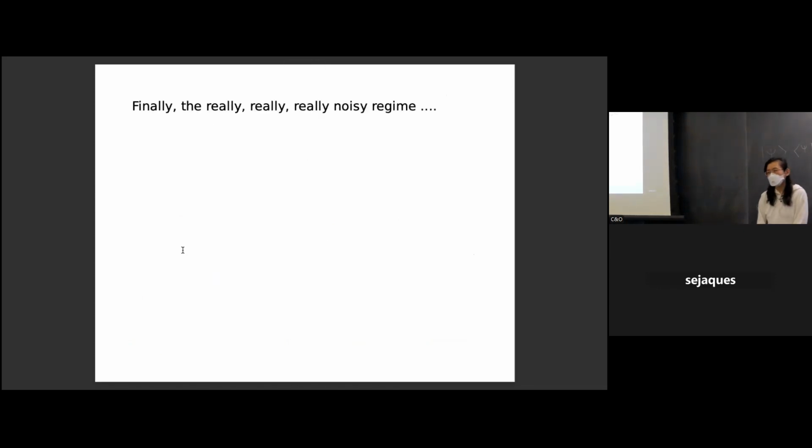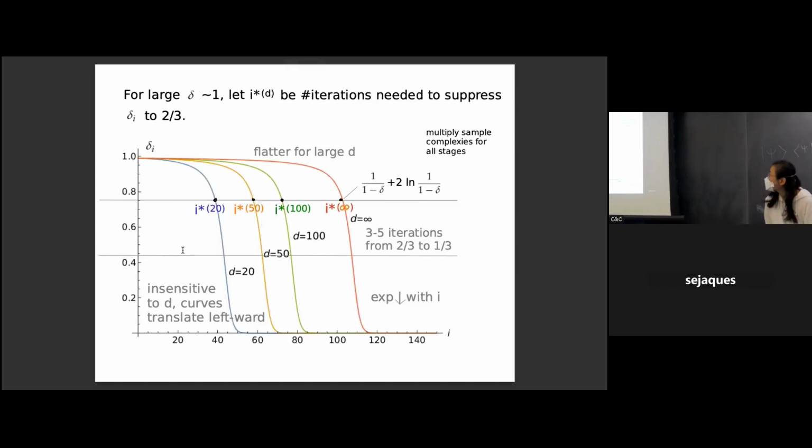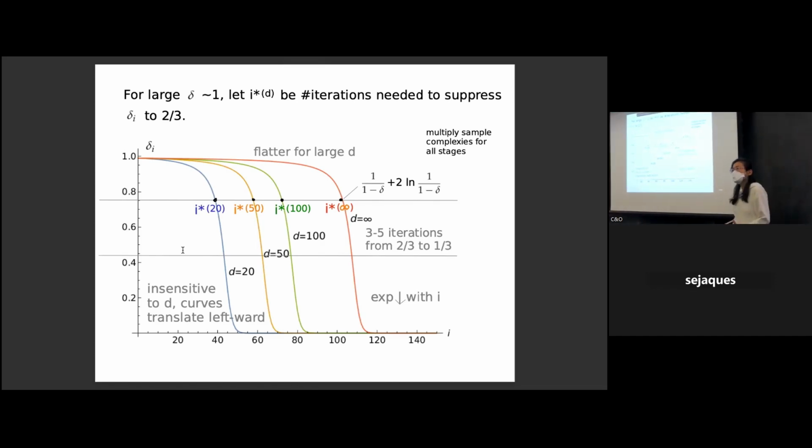If you go to the really noisy regime, that's a different problem. I won't say how to do this. This is actually not so easy to do. But it is pretty good.